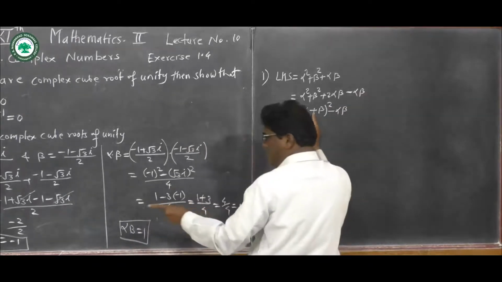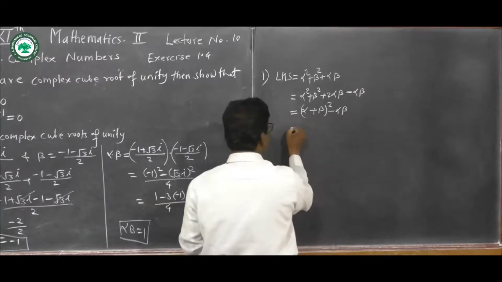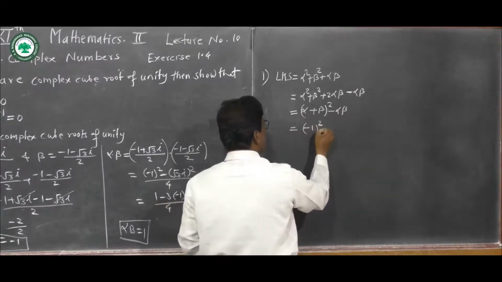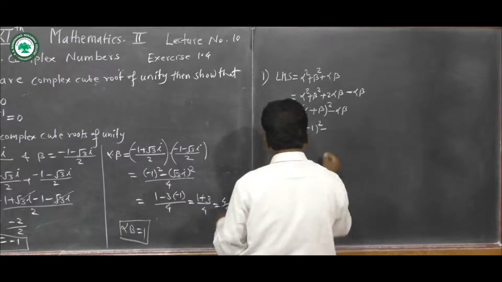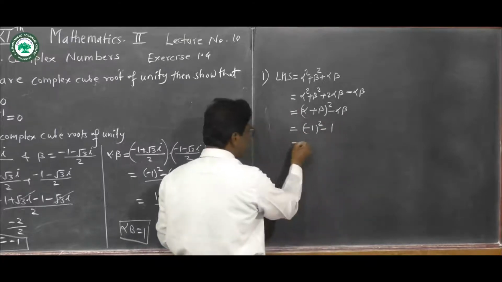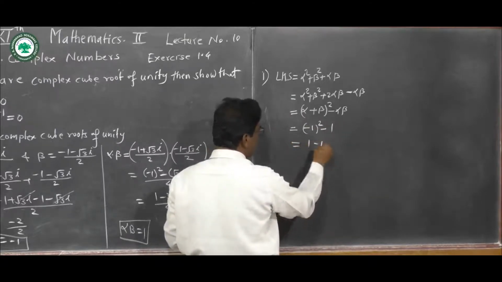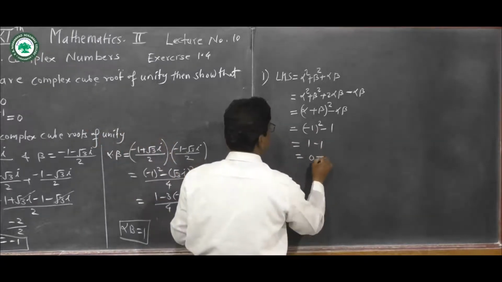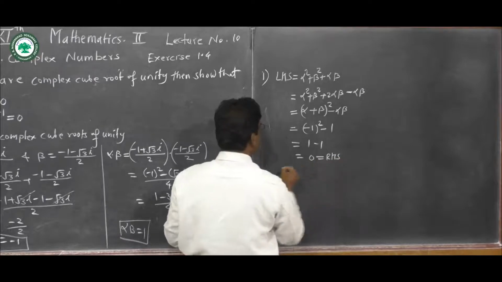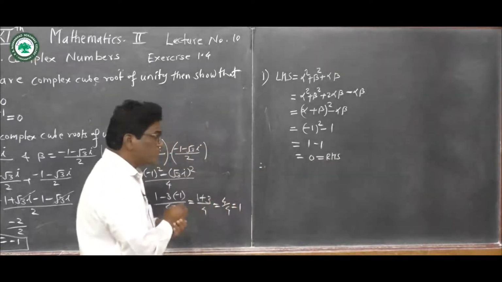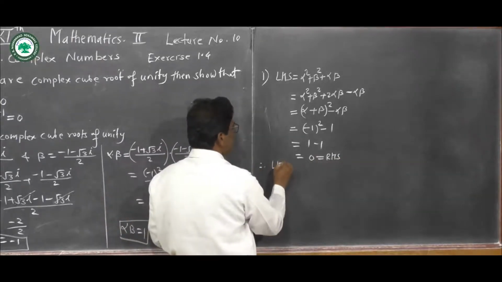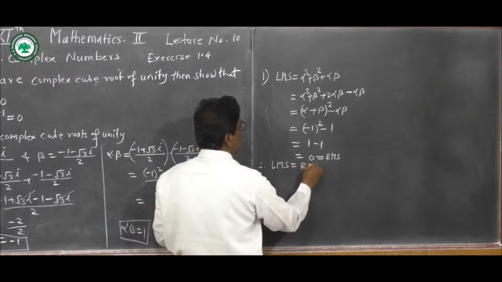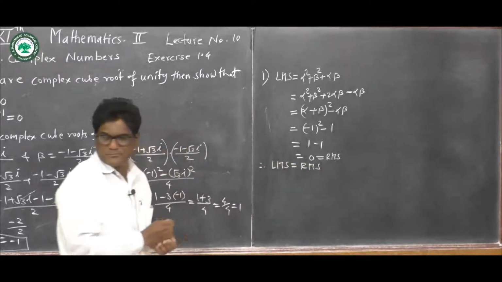Alpha plus beta is minus 1, so it is equal to minus 1 square minus alpha beta, which is 1. So minus 1 square is 1, 1 minus 1 is equal to 0, which is nothing but RHS. This is what we had to show here. So we get LHS is equal to RHS, hence proved.